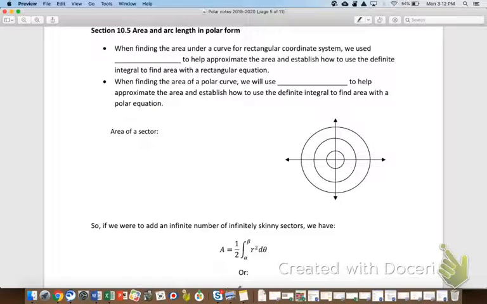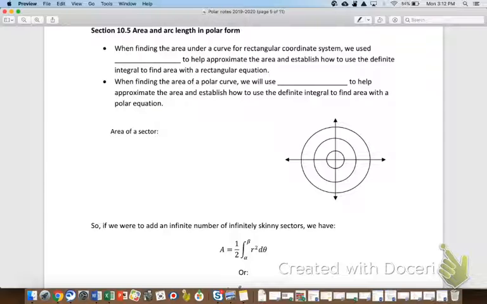So when we found areas under curves before, it was all rectangular stuff. And what geometric shape did we use to help us get there? Rectangles. That's right. In polar, it's not what we do.